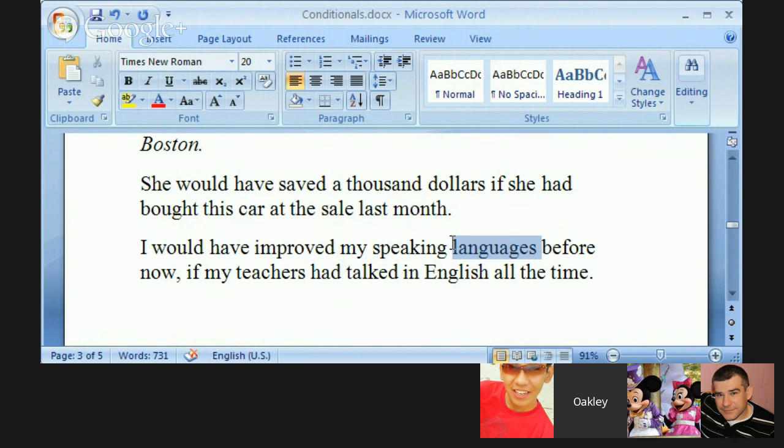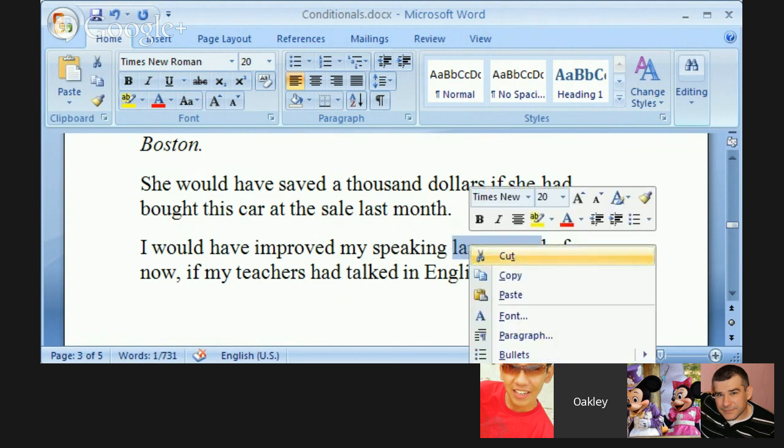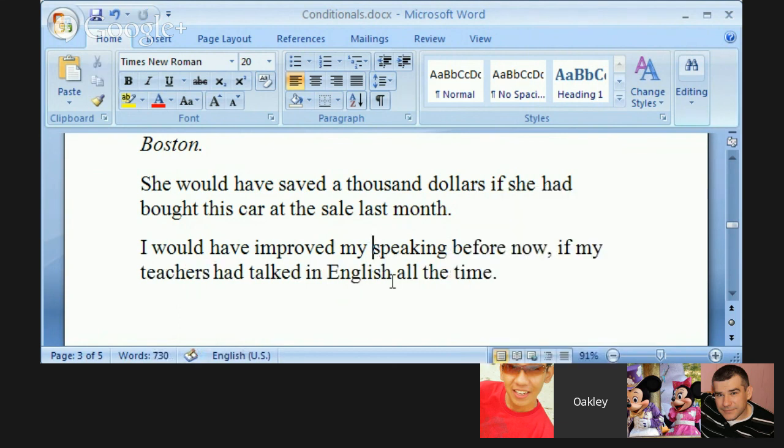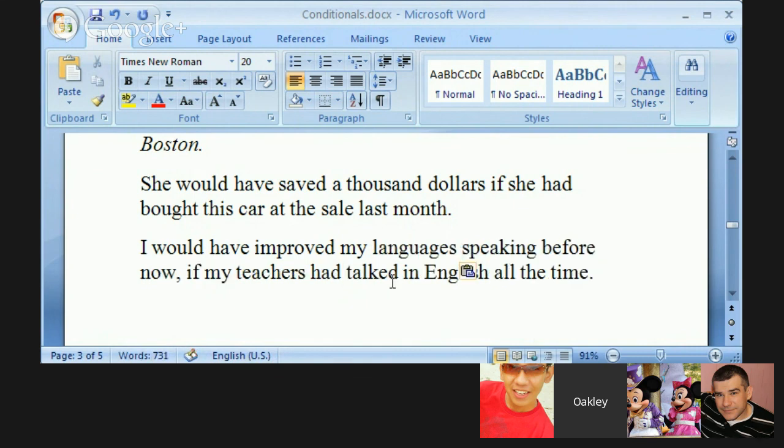But it would be more common for me to cut this out and put this over here: I would have improved my languages speaking. I don't really need the S. My language speaking can still mean different languages, even if you do mean plural, because I'm just using it as an adjective.